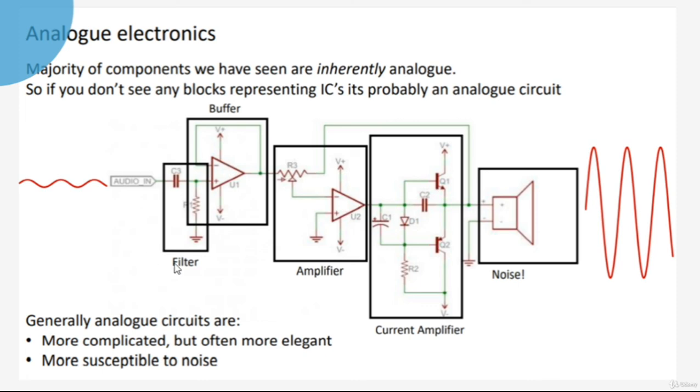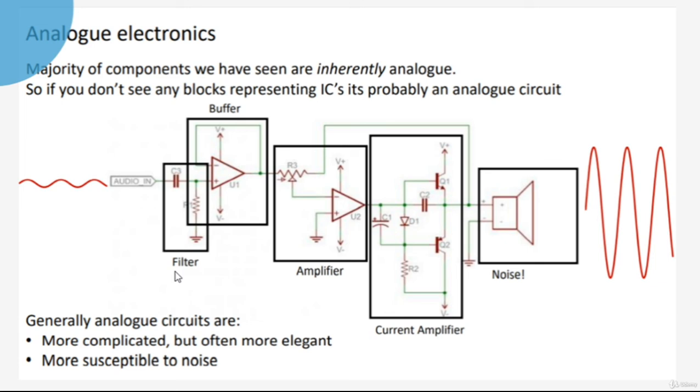We are going to explain the circuit of the filter and the buffer and the amplifier in the next lectures. So be sure that we are going to explain these circuits, because these circuits are very important in our job. So the first thing is that the signal comes to the filter, and the filter cleans the wave, or the analog signal, from the noise.